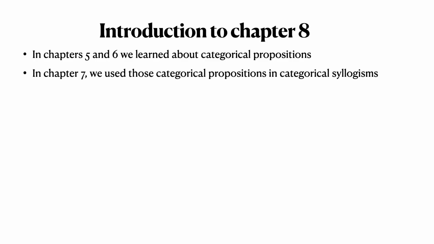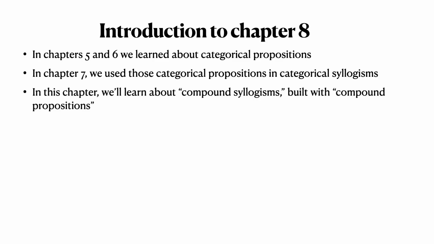Then in Chapter 7, we used those categorical propositions to construct arguments that we know as categorical syllogisms, because they're composed of categorical propositions. Now in this chapter, we're going to do the exact same thing, but we're going to do it all in one chapter.